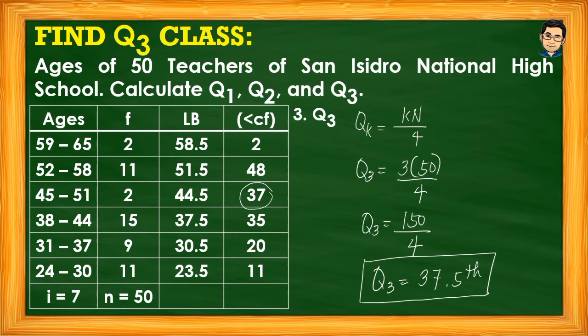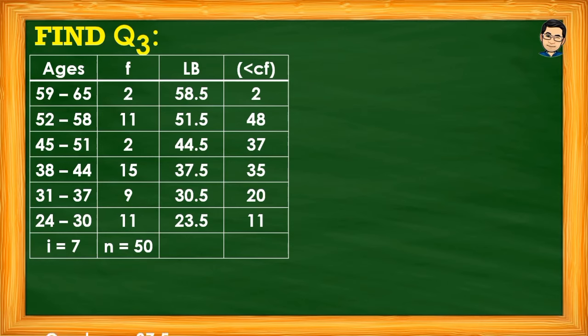Okay, so we'll get the next class po, which is 52 to 58. So, nandun po yung ating Q sub 3 class. So, yung location po ng Q sub 3 class natin ay nandito sa 52 to 58. Ayan. So, label natin Q sub 3 class.